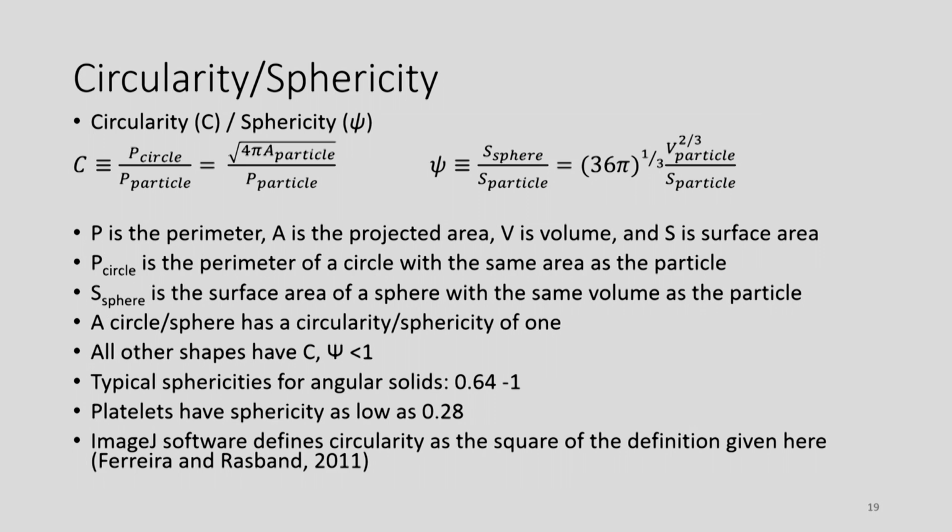They will be close to 1, above 0.9. Green peas will be a little low, but mustard seed will have better sphericity. Typical sphericity of 0.64 to 1 is common, but if it's platelets or fibrous particles, like a bran particle from wheat milling, then the sphericity will be very low.